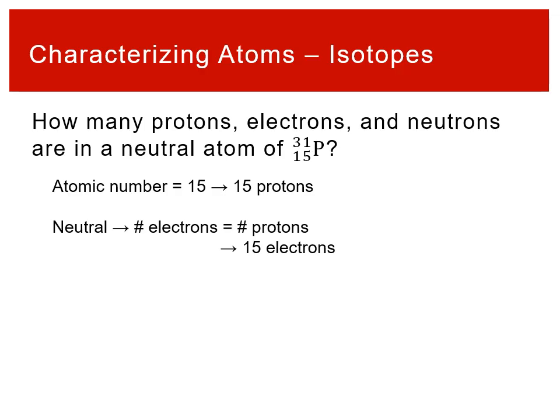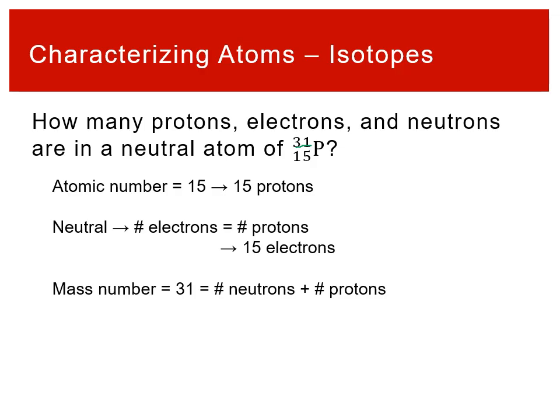Okay, so we got protons, we got electrons, finally neutrons. And we know that the way that neutrons impart properties on the atom is through mass. And our mass number in this case is 31. We're given that information from the nuclear symbol, that 31 right there. And we know that that mass number is the number of neutrons plus the number of protons.